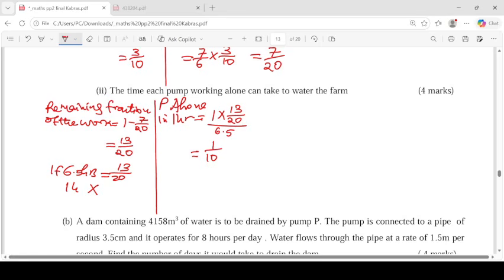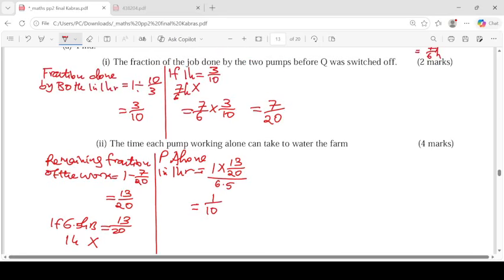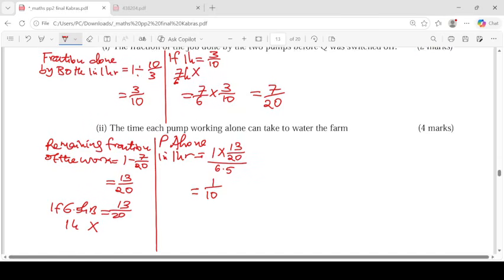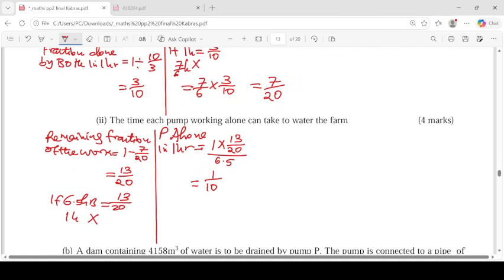But remember, in 1 hour, both of them working together, they'll do 3/10 of the work. But P alone does 1/10, meaning the remaining work is what can be done by Q. So after getting this for P, I know the total of them in 1 hour will do 3/10 of the work.